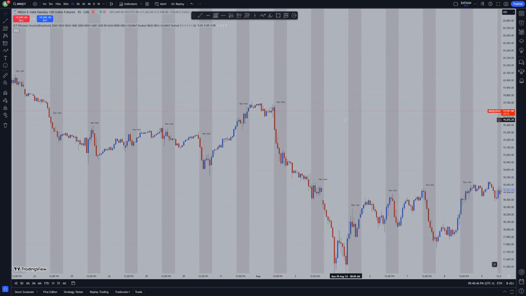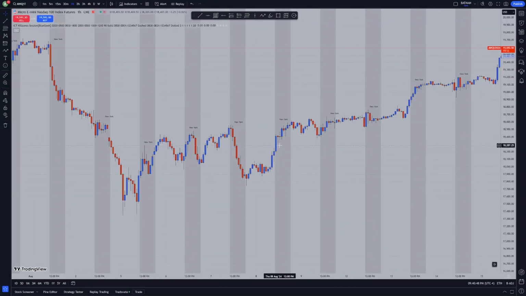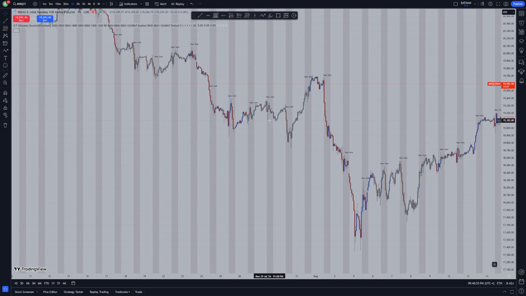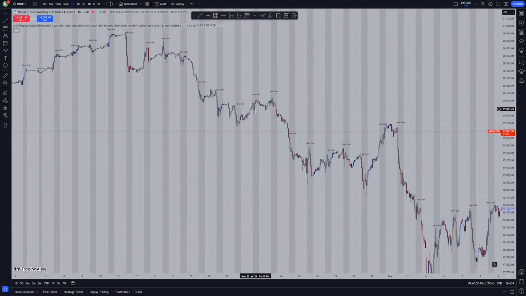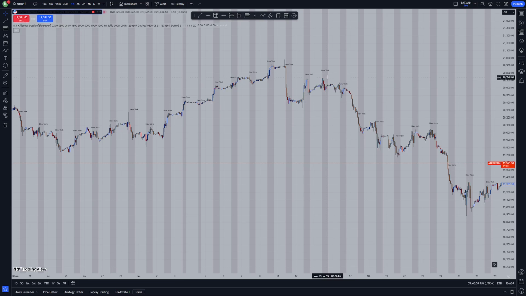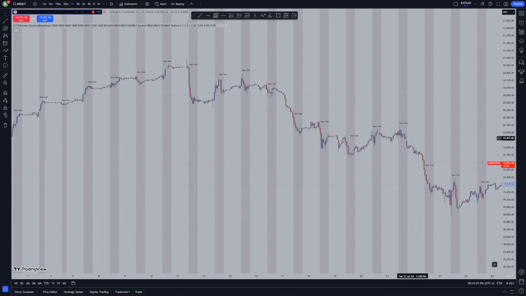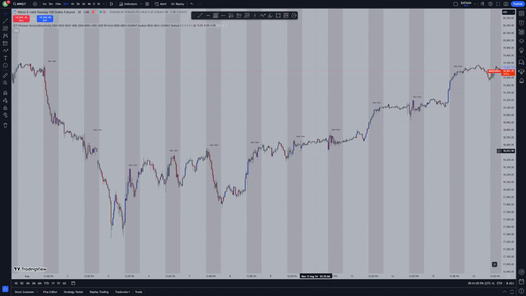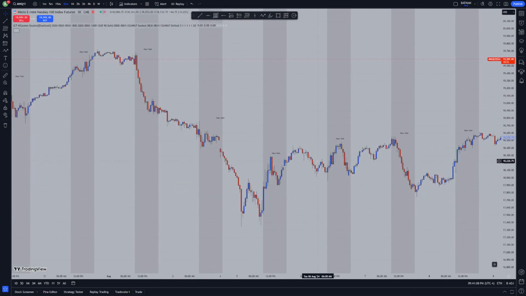It's not even equal highs. My bad, bad demonstration. Where can I find equal highs? Gotta look at 30 minutes. Equal highs.